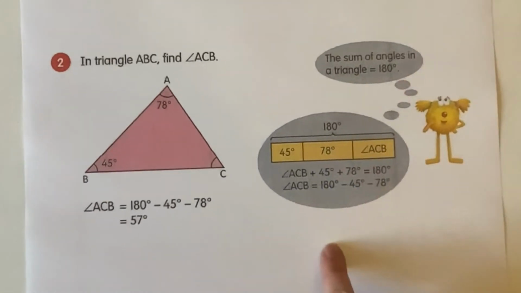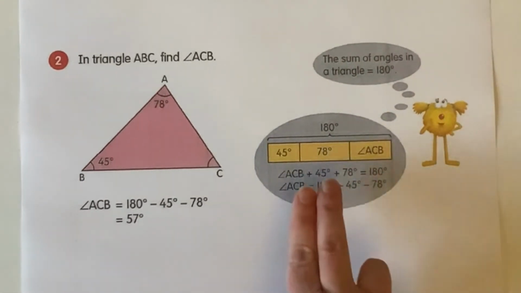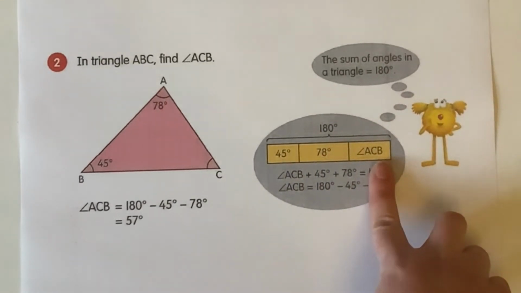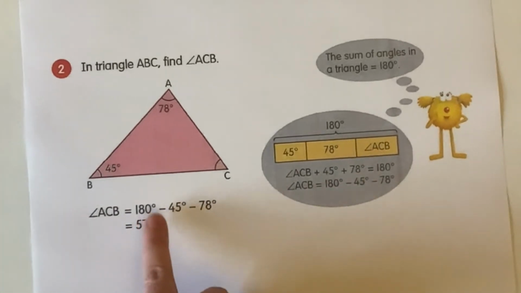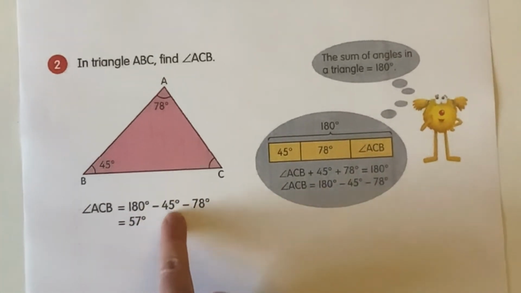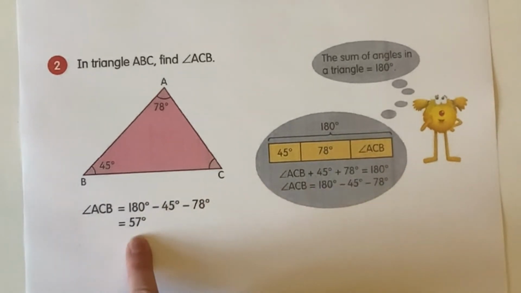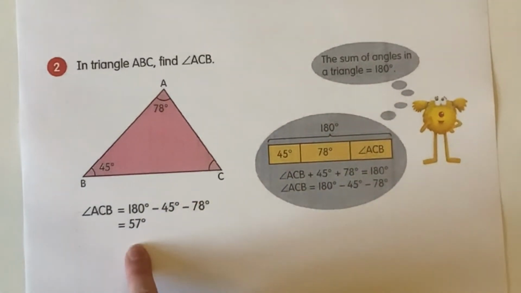So we know that our whole is 180 degrees and we know two of the angles. We need to work out the third one. So what we can do is 180 degrees, subtract 45 degrees, subtract 78 degrees, giving me the answer of 57 degrees. So that tells me that the angle ACB equals 57 degrees.